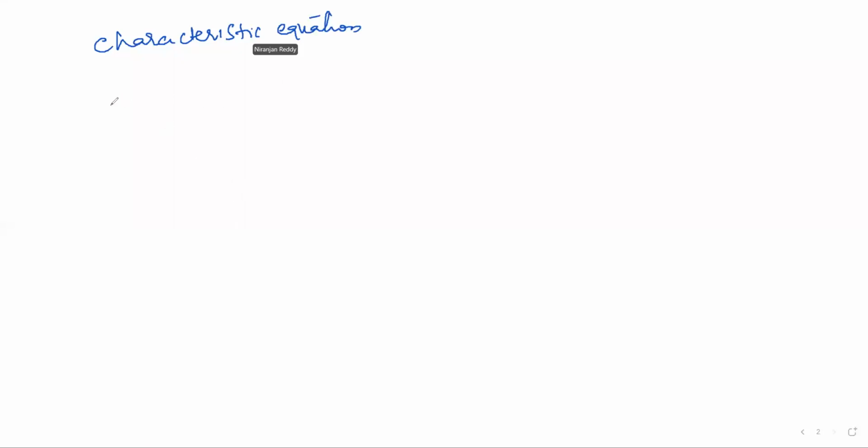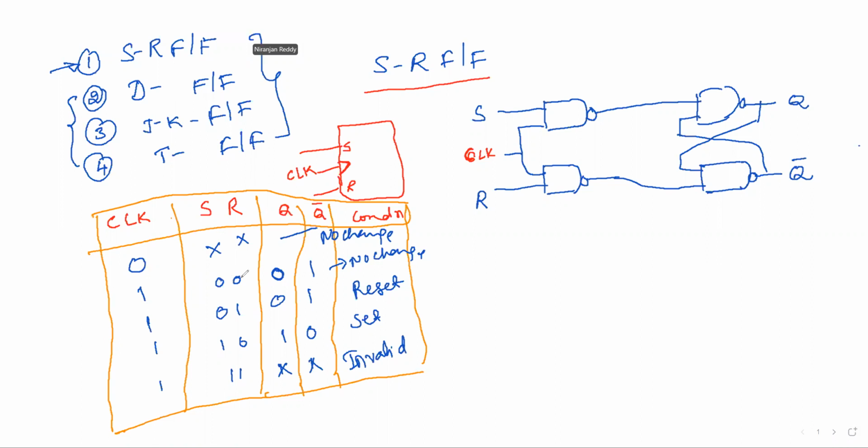Right? So for that, what we have to do is take S, R, and Qn plus 1. Okay. So let us consider SR is equal to 0 0 and Qn is equal to 0. So try to see this table. SR is equal to 0 0 and Qn is equal to 0.